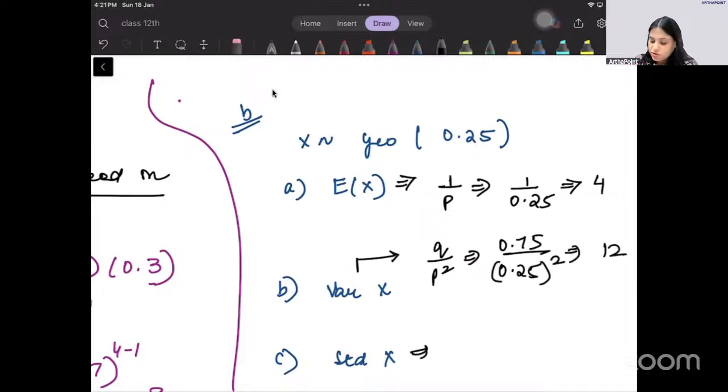And standard deviation will be the square root of that. Okay. So this kind of questions can be asked in exam. Let's take one last question.